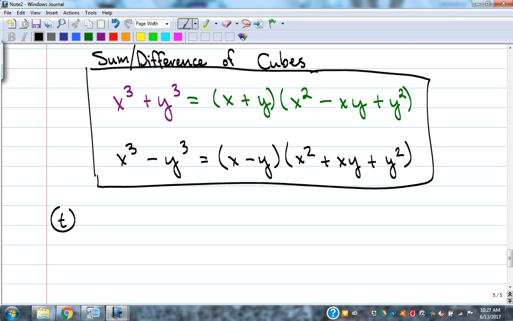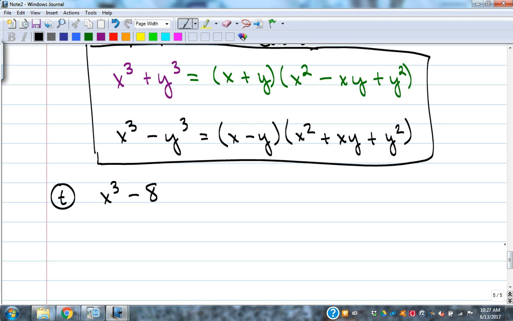So example T, x to the third minus 8. We follow our rules of factoring. First thing we look for is descending order. Check, it's in descending order. Then we look for a greatest common factor. There's nothing in common between x cubed and 8, so we don't pull anything out.